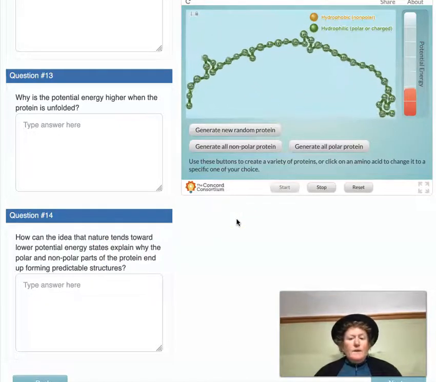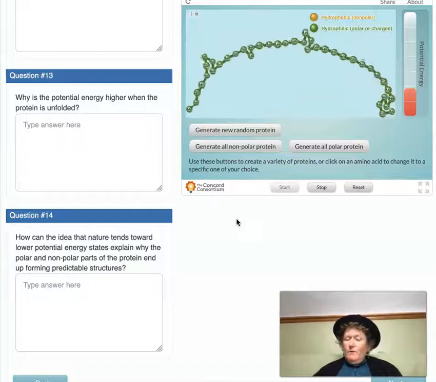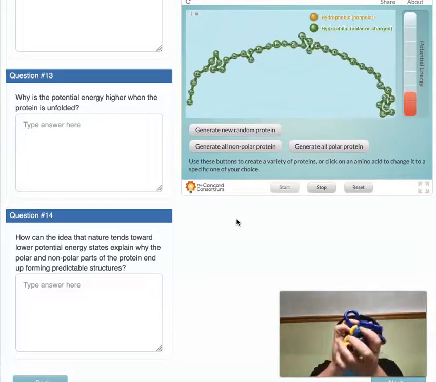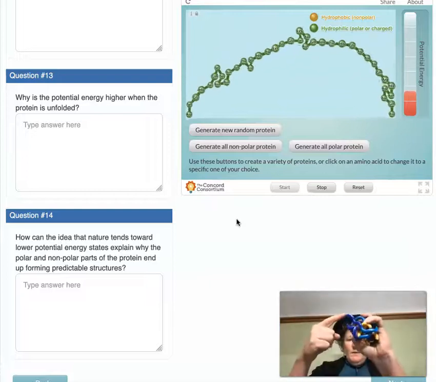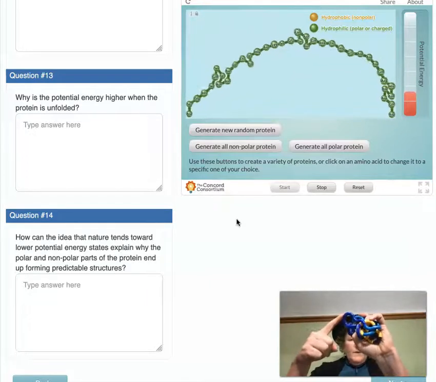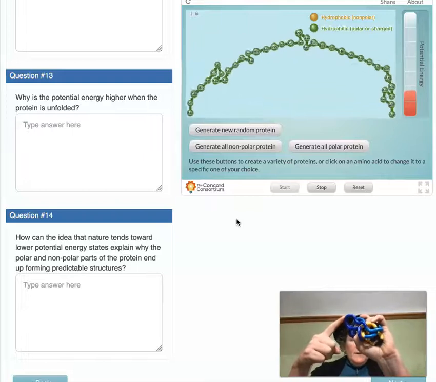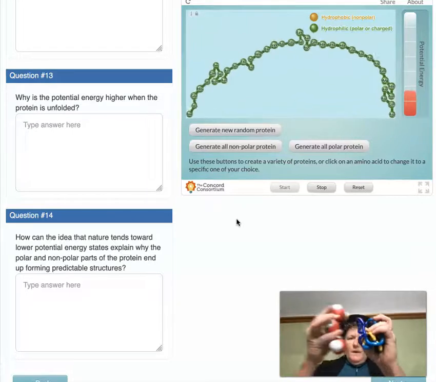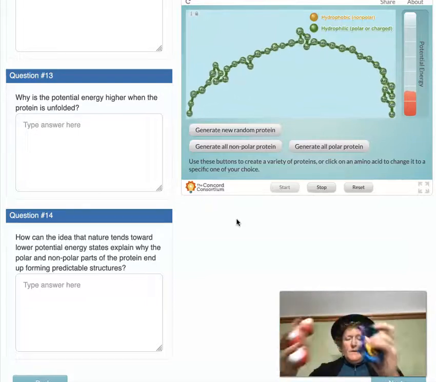And how does that lead to stable structures? If we want to lower the potential energy of our protein model here, we let the polar, the hydrophilic, the water-loving amino acids be on the outside in order to get them together and lower that potential energy.